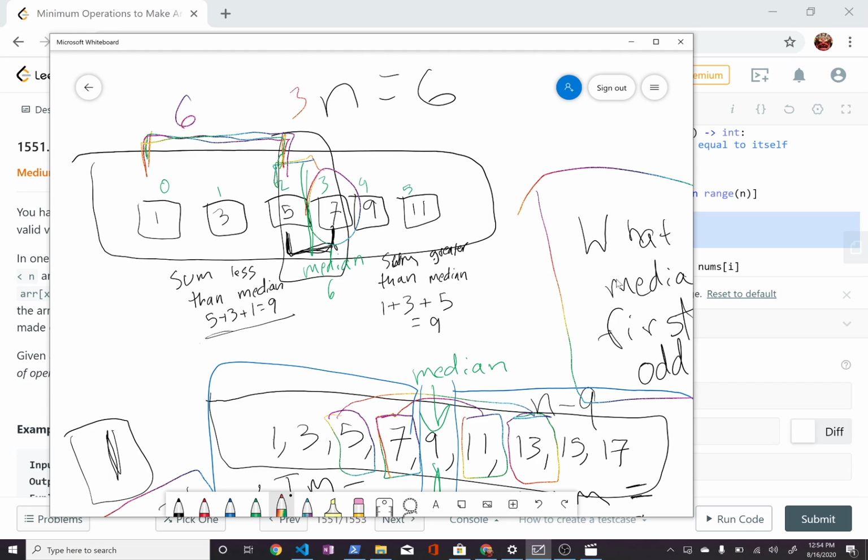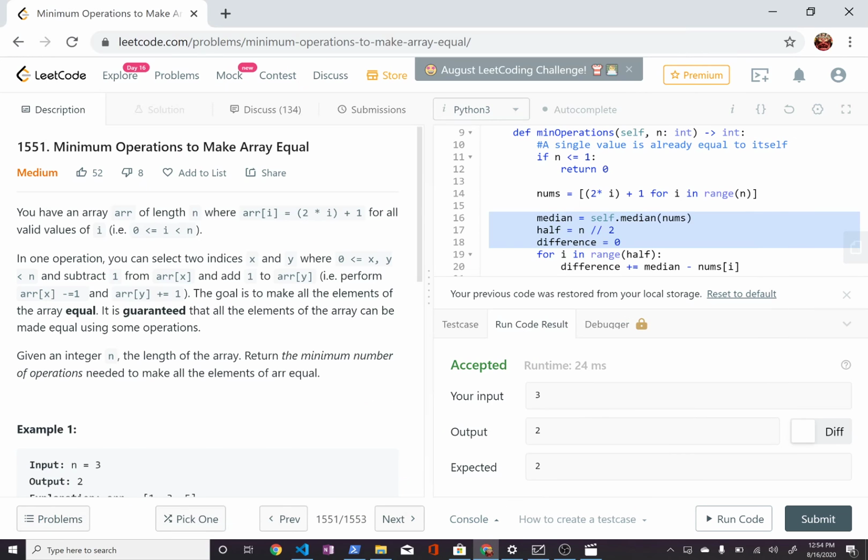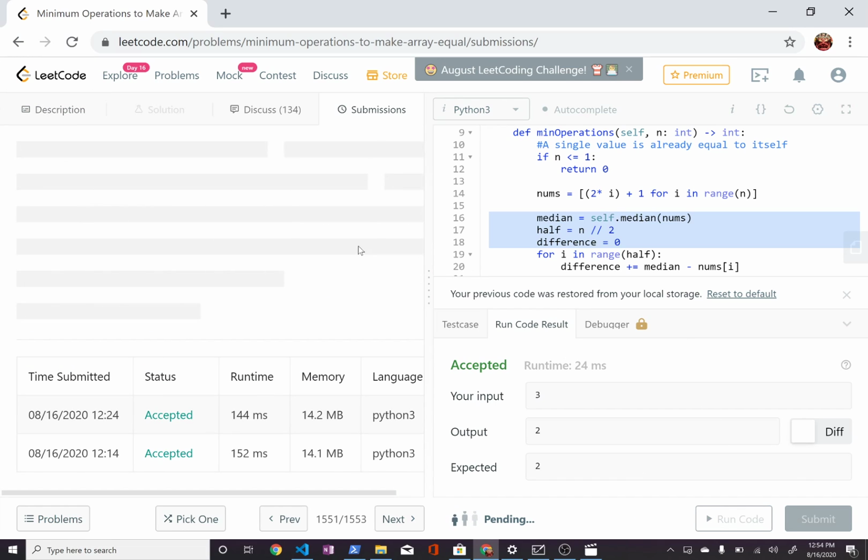So it's 6 minus 1 plus 6 minus 3 plus 6 minus 5. And that will get us our answer. 5 plus 3 plus 1, or 9, which is the correct answer for the number of operations that we need to equalize them out. And so I'll submit it.